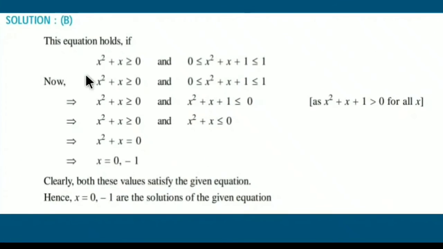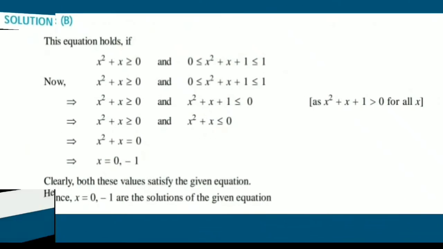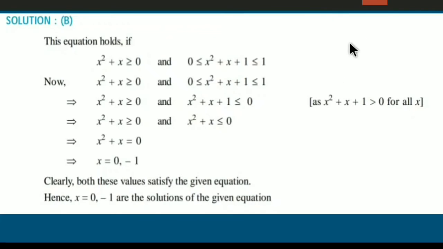Here option B is the answer. The reason is that the equation will hold only when the under root of f(x) is defined.